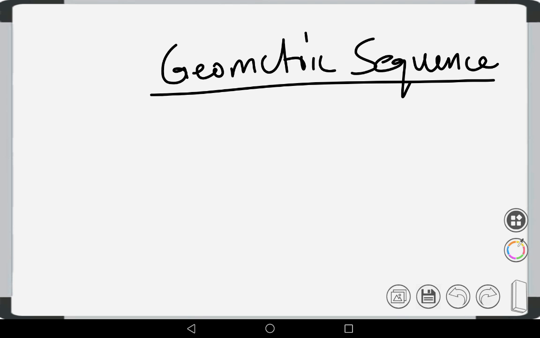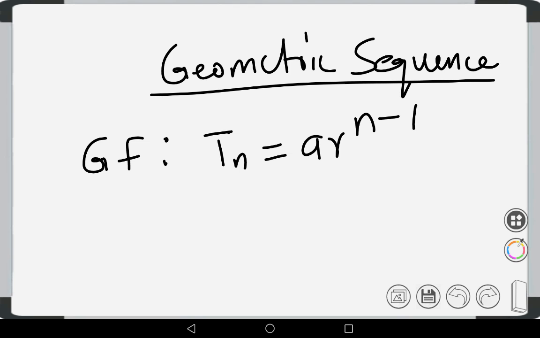A geometric sequence has a general formula. The general formula for a geometric sequence is Tn equals a r to the power n minus 1.